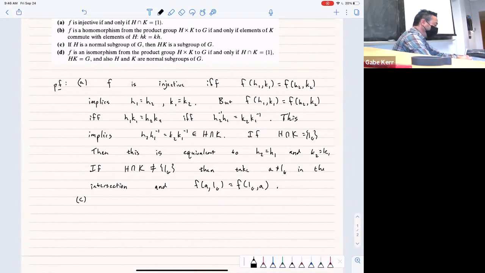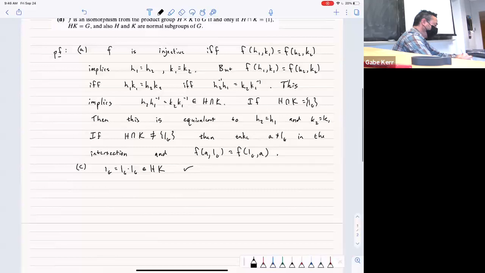Okay, let's check. Is identity in there? 1G equals 1G times 1G, right? This is an HK. Good. Are inverses in there?